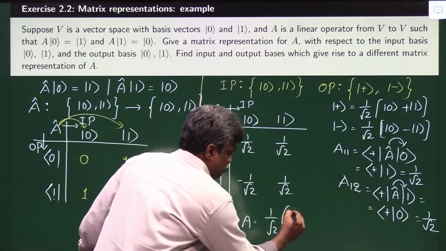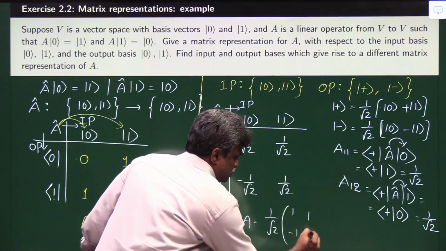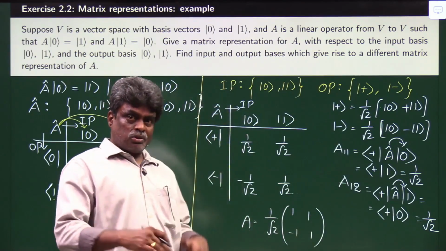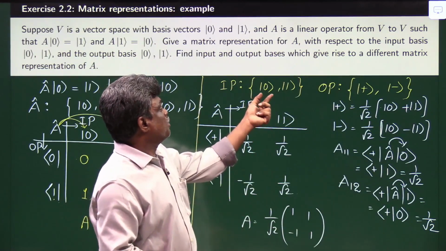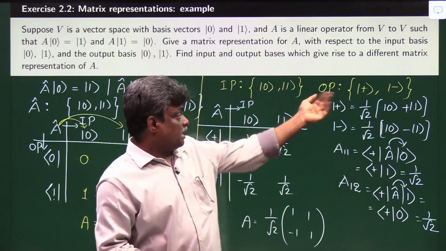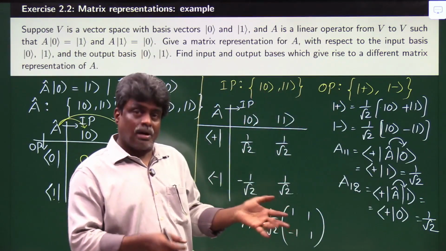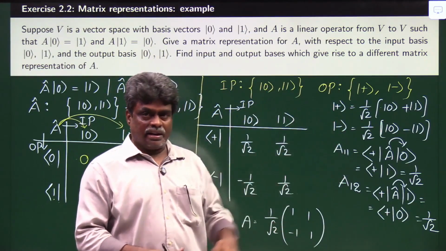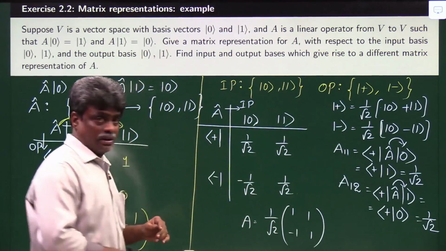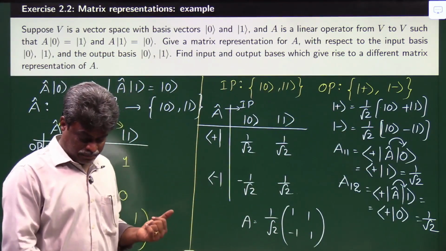So this is 1 over root 2 times 1, 1, minus 1, 1. If you want further exercise, you can change the input basis to the diagonal basis and the output basis to the computational basis, or have input and output bases both be diagonal. You can try yourself, and if you have any doubt, please contact.